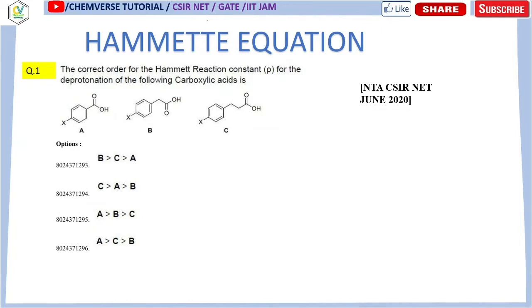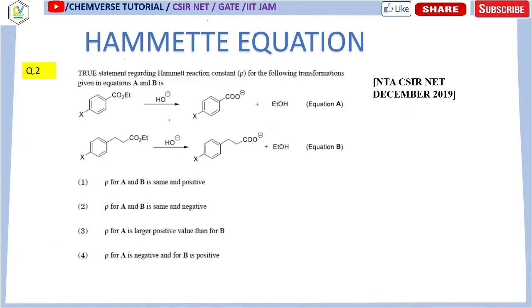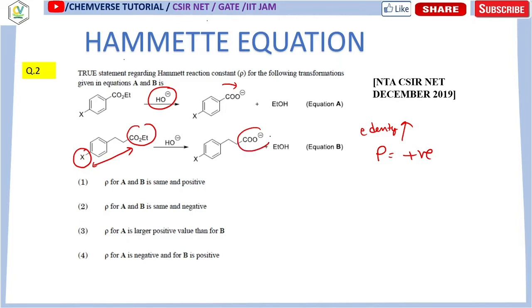Now coming to the next question, which is also a base catalyzed hydrolysis, and during the course of the reaction negative charge is generated. So electron density is increasing, and the rho value will be positive. Now if you compare these two, the distance between this X and this negative charge is increasing.